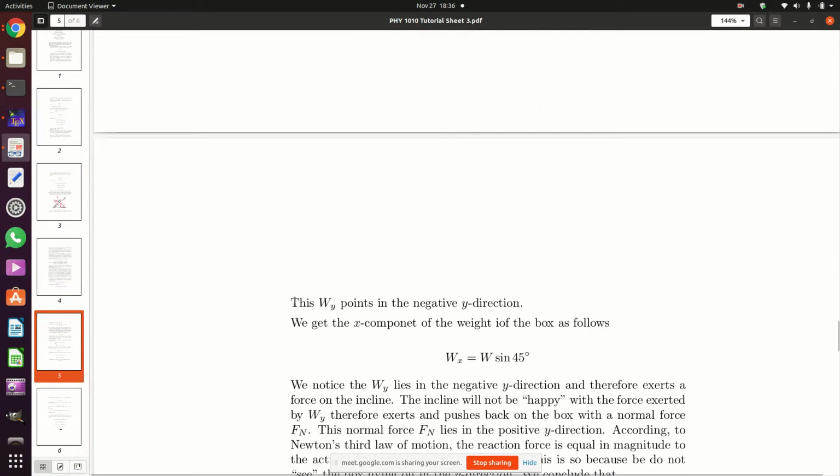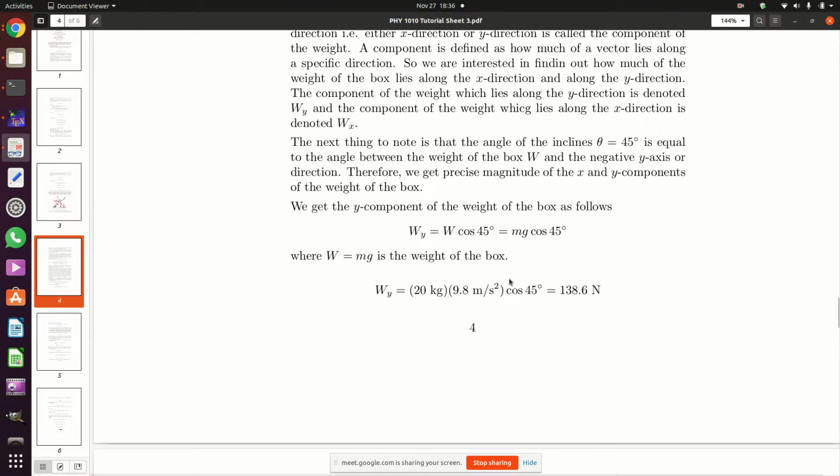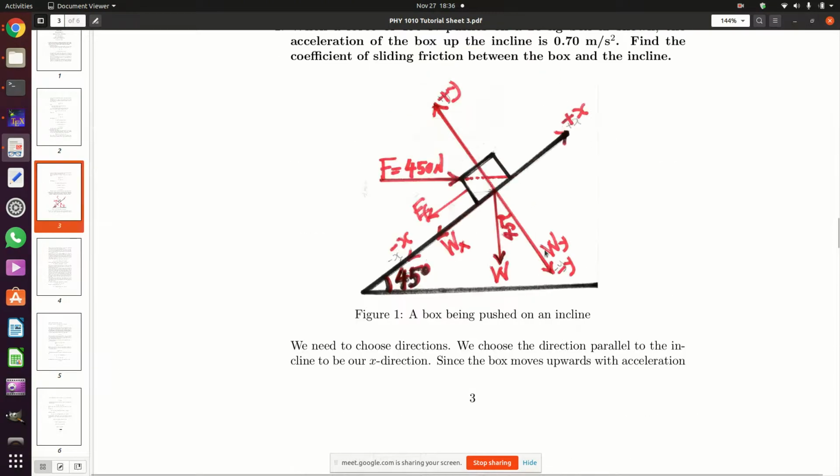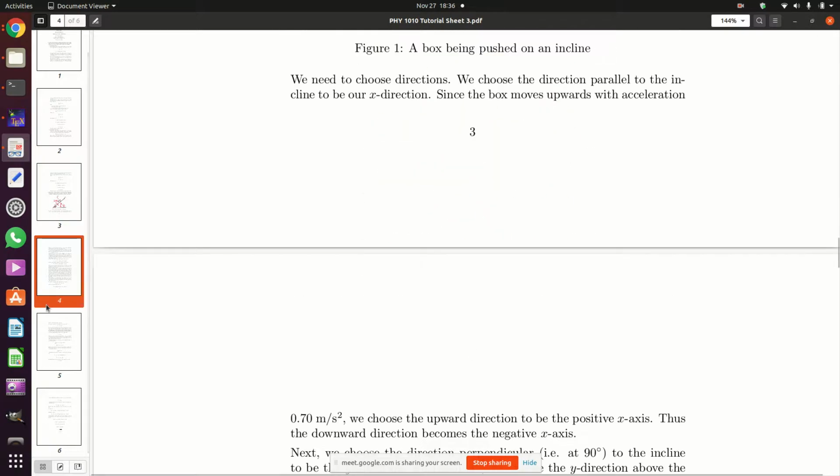Is that clear about this? That Wy is pointing in the negative y direction, this side? Yes. Okay, so we move on to find Wx. Wx is pointing in the negative x direction.